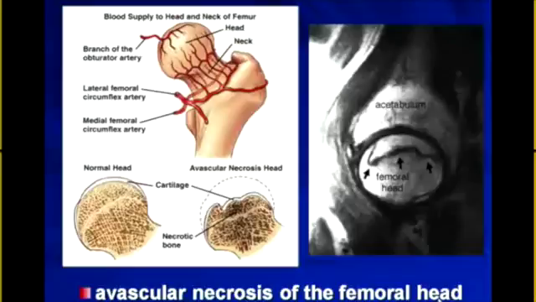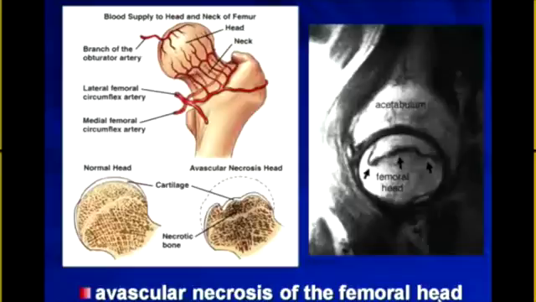So we need to be suspecting that if a patient has been progressing and then all of a sudden starts to have more trouble with gait, more trouble with weight bearing, more pain following a fracture or dislocation, this could be avascular necrosis, and that if something isn't done about it immediately, ultimately they could end up needing a total hip replacement because of the loss of blood supply.